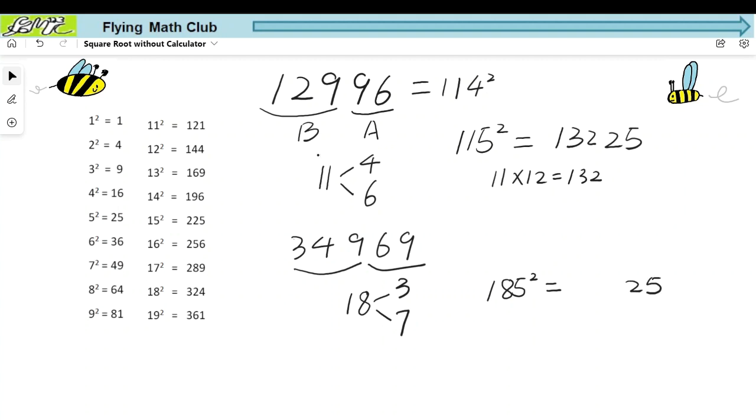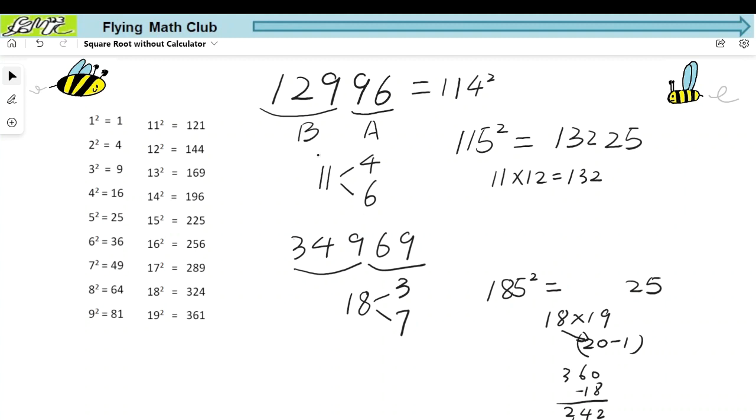25, this one equals 18 times 19. For 19, we can take it as 20 minus 1. As we know, 18 times 20 equals 360. This just minus 18, the product is 342.